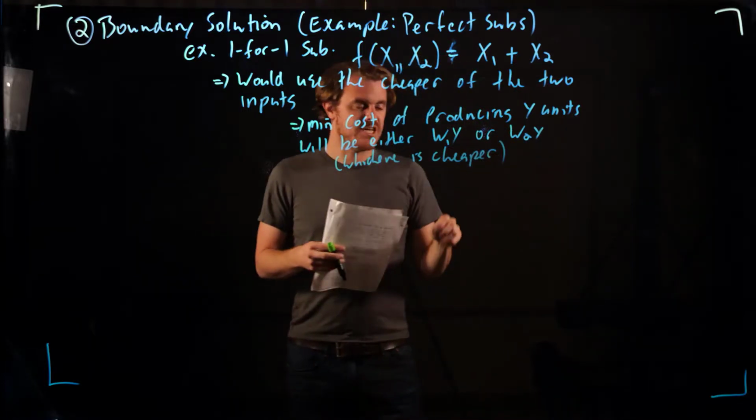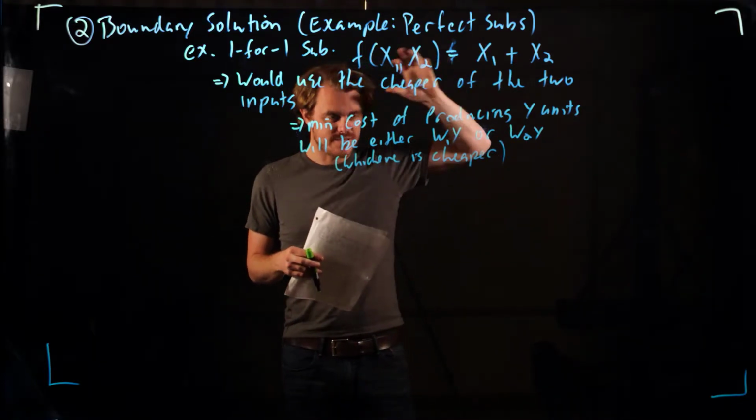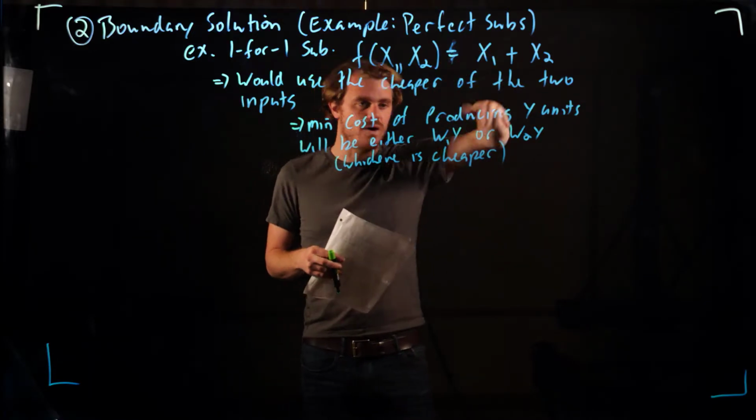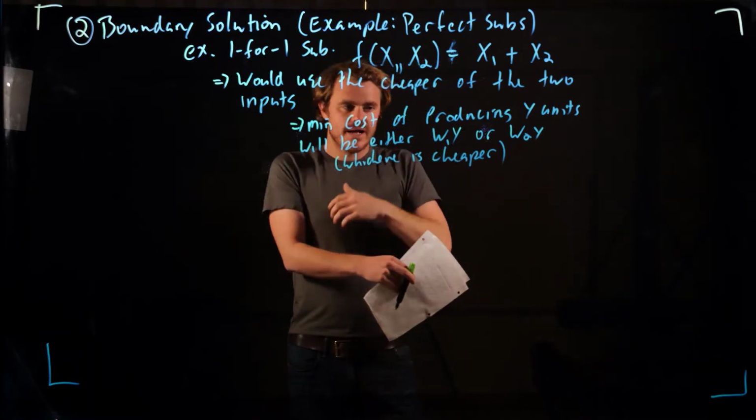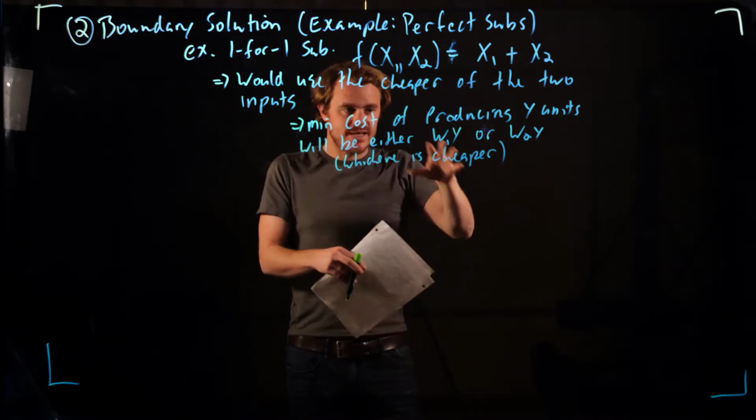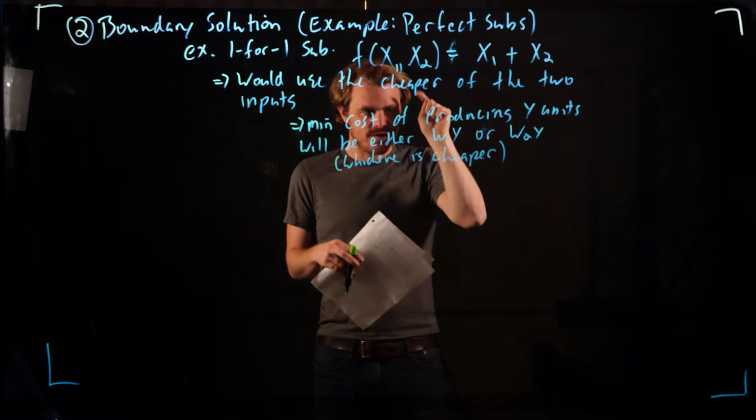Essentially, because they're substitutable, here it's 1-to-1, but it could be 1-to-3 or 2-to-1 or whatever, we're just going to think about what's the cheapest way to produce y units.